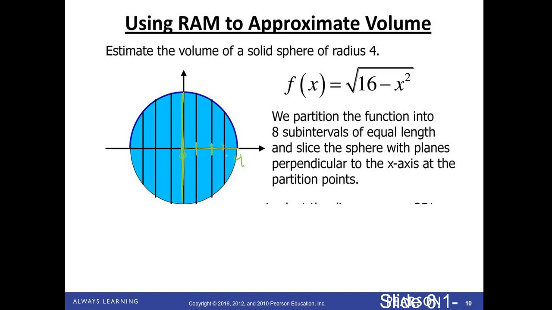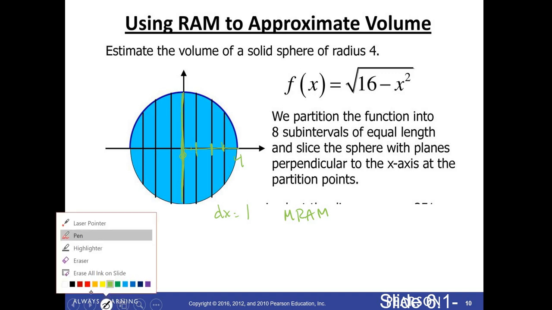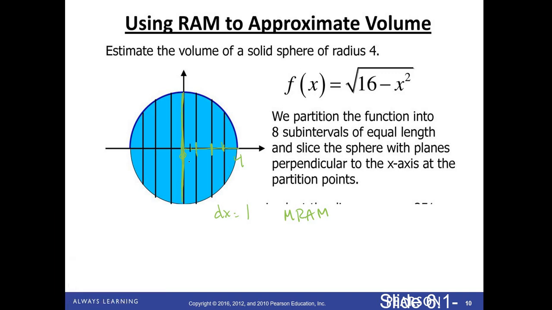So each dx is 1, and I'm going to use the midpoint rule. So my values that I'm going to evaluate at are going to be 1/2, 3/2, 5/2, and 7/2 with a dx of 1.